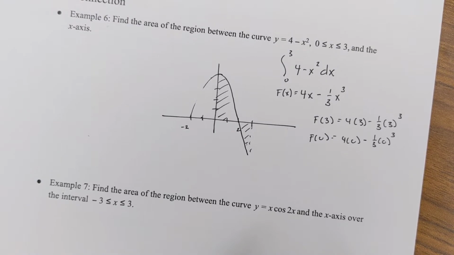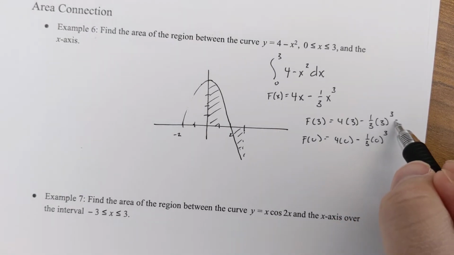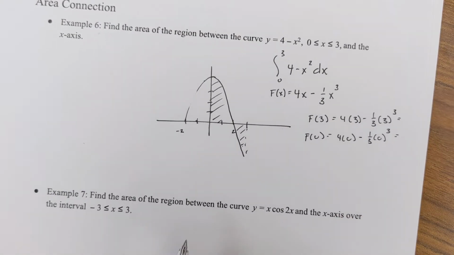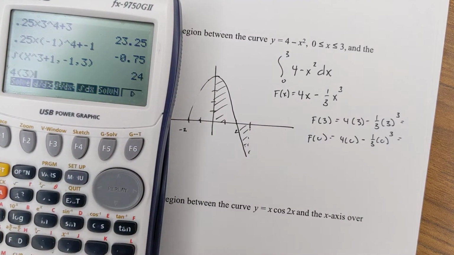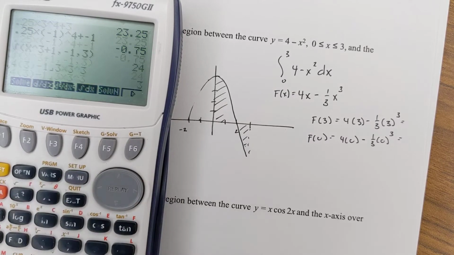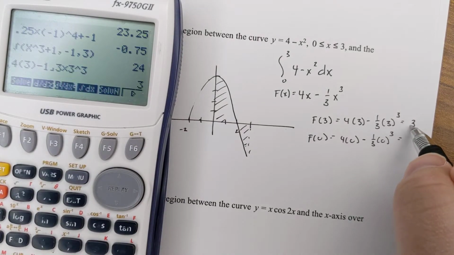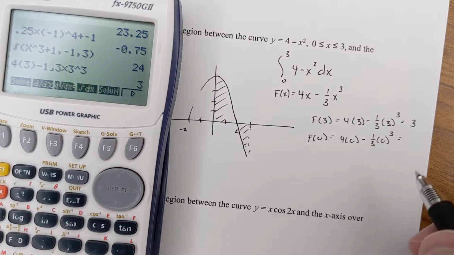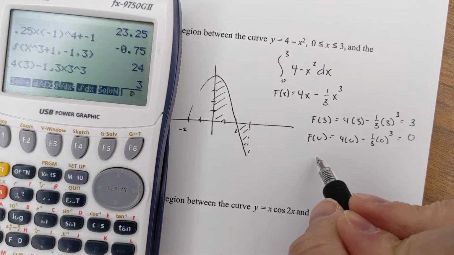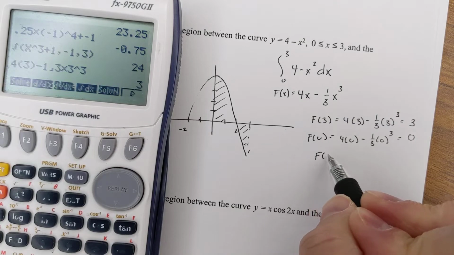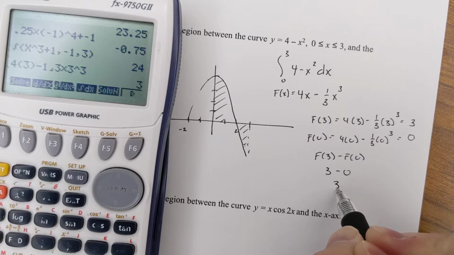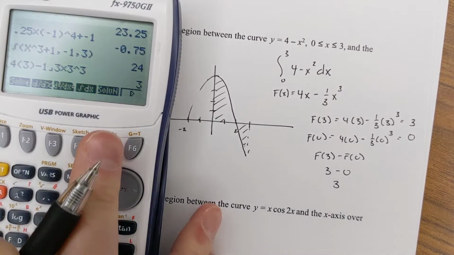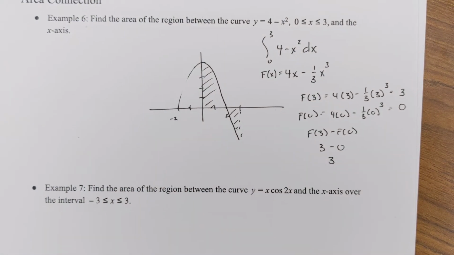So here we go. So f of 3 is going to be 4 times 3 minus 1/3 times 3 to the third is all just 3. Down here, that's just 0. So f of 3 minus f of 0 is 3 minus 0 is just 3. So the area is 3.